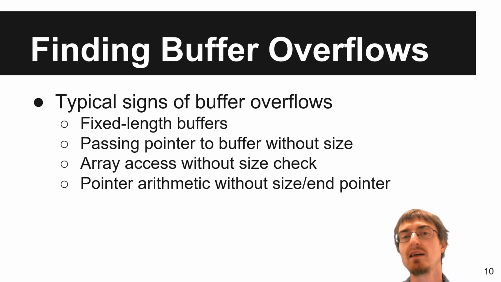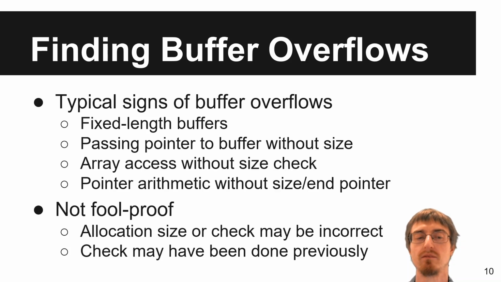And in particular, if we do pointer arithmetic, we might also forget about the bounds of whatever we're writing to. So what you would hope to see for correct code is that there is some size or end pointer pointing to the end of the buffer that allows you to check while writing to the buffer. If there is no such thing, again, it's a sign that there might very well be a buffer overflow there.